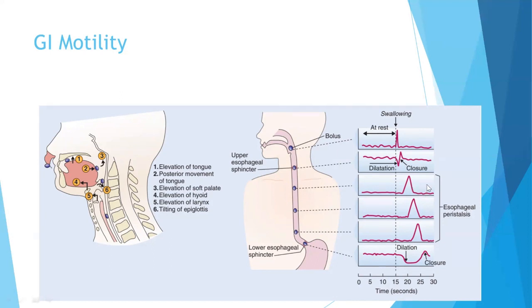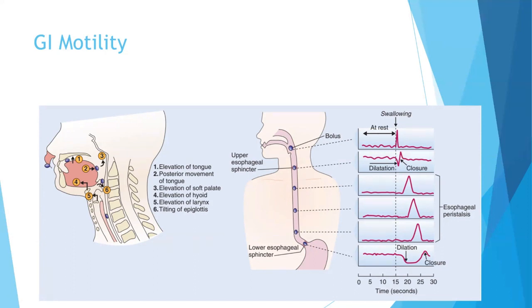So at rest, there are no waves in the esophageal peristalsis, right? When esophageal manometry is done, there are no waves. But when you initiate swallowing, then there is a peak in the esophageal wave pattern.